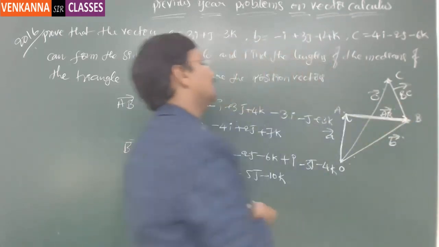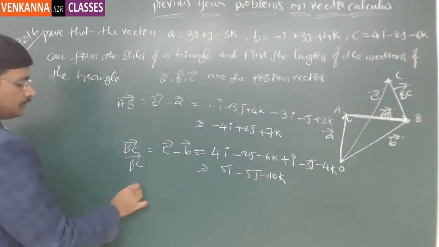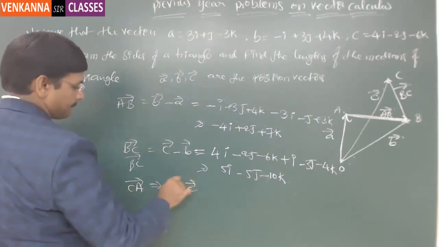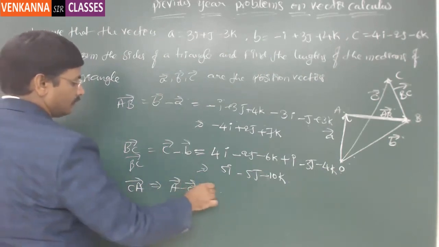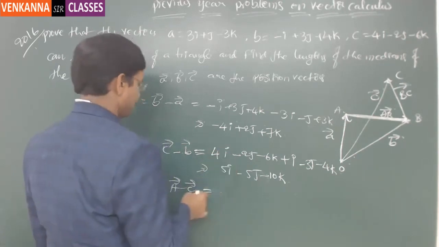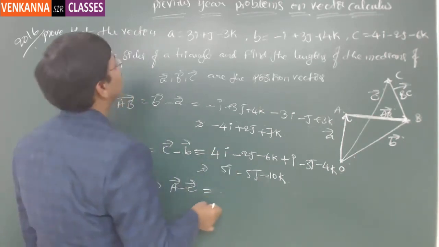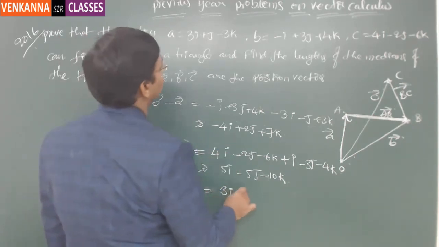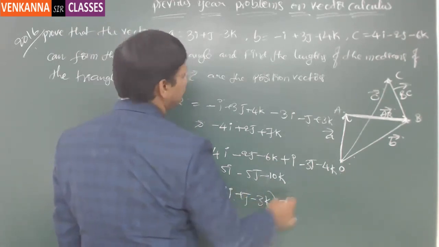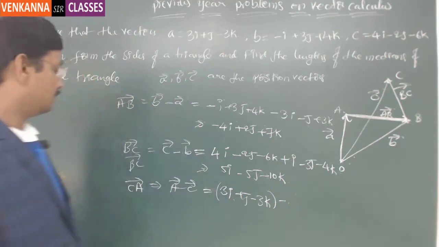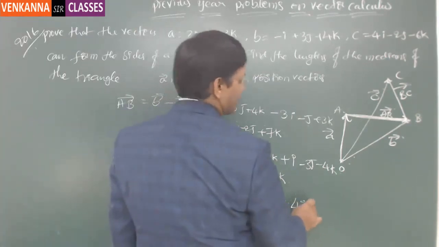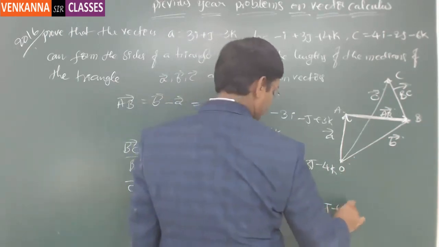Then the CA vector: CA is equal to A minus C. Vector A is 3i plus j minus 3k, minus C vector, that is 4i plus 2j plus 6k.